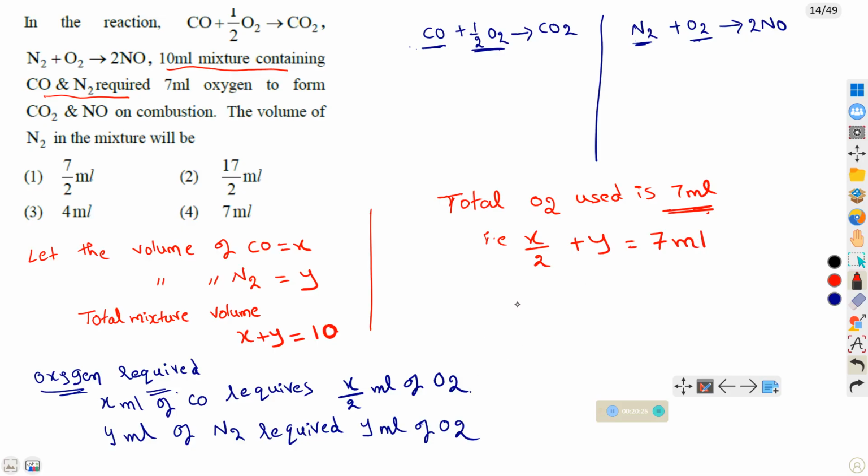Okay. According to this, it can be written as X is equal to 10 minus Y. This is equation 1. This is taken as equation 2.